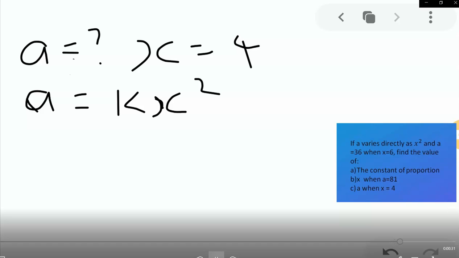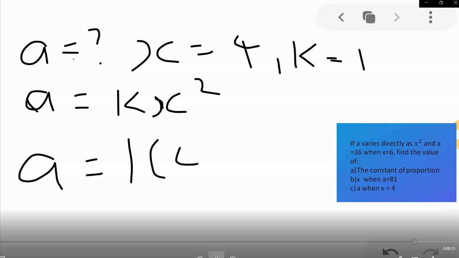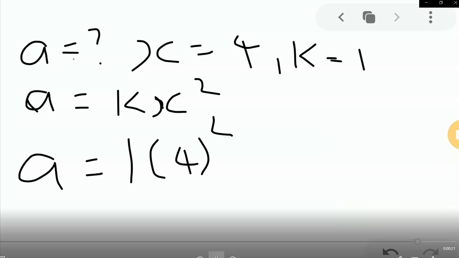Substitute what we have. We know that k is 1. So a is equal to 1 times 4 squared. 4 squared is 16. 16 times 1 is 16. So that means a is equal to 16 when x is equal to 4.